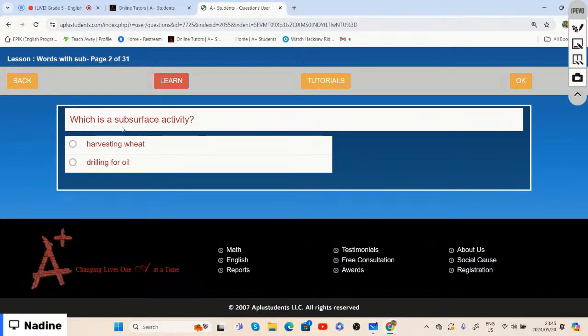Which is a subsurface activity? Is a subsurface activity harvesting wheat or drilling for oil? Remember, sub is either under or below or less than. So when we are harvesting wheat, are we harvesting wheat underground?